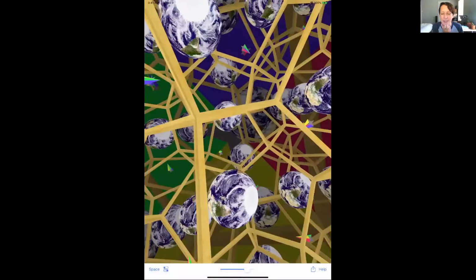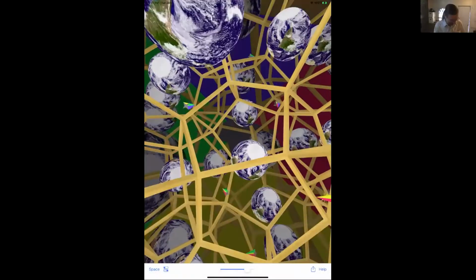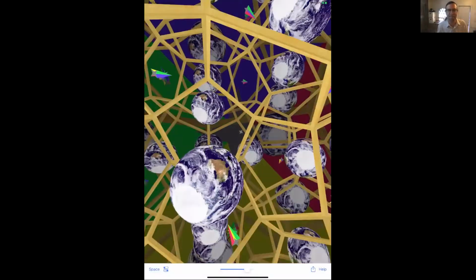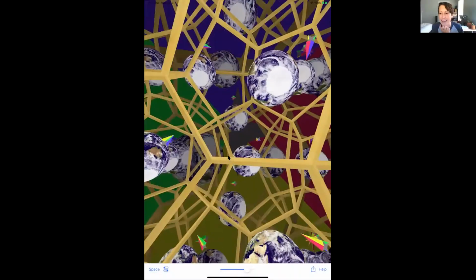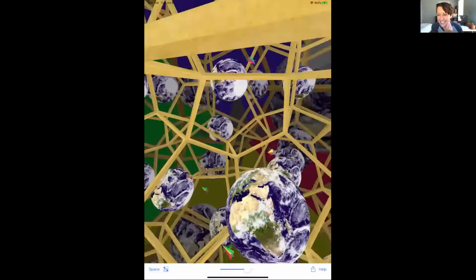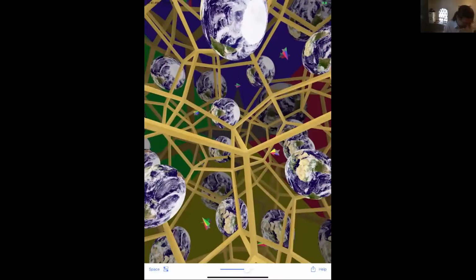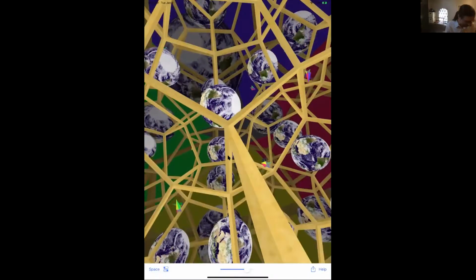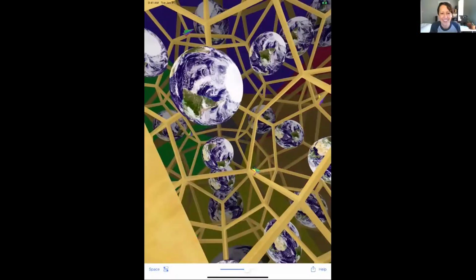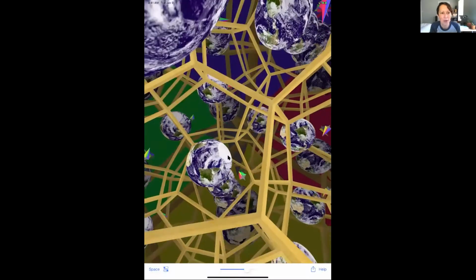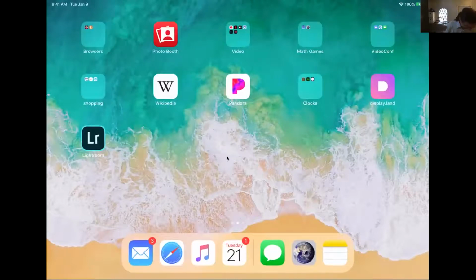Yeah. There's all kinds of cool stuff going on here. There's a whole lot of differential geometry happening here. Does your iPad get hot when you're doing this? No. In fact, this app is super old. It ran on the first iPad. Good job, whoever did that. Yeah, it's Jeff Weeks. Really amazing guy.